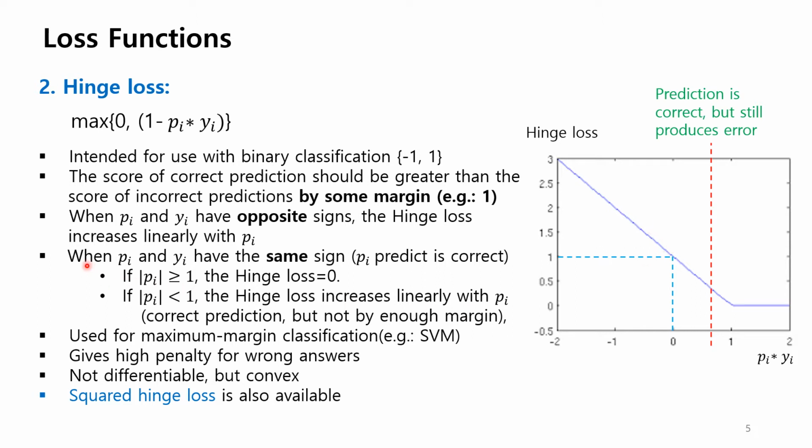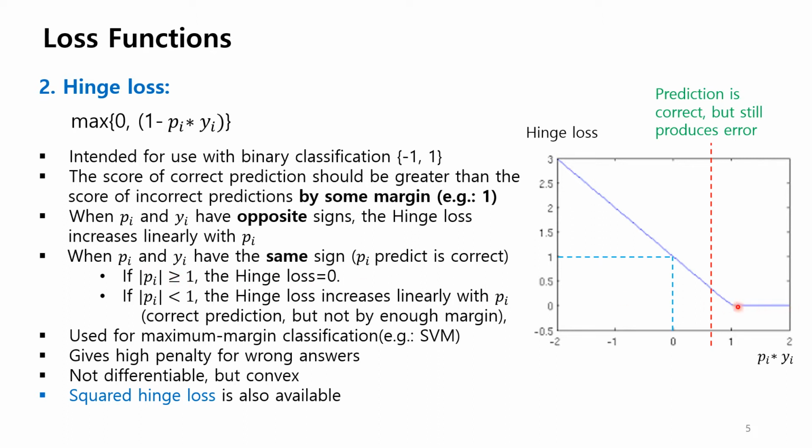Then if pi and yi have the same sign, the prediction is correct, again because the class value is 1 or -1. But more specifically, if the absolute value of our prediction pi is greater than or equal to 1, then our loss is 0.